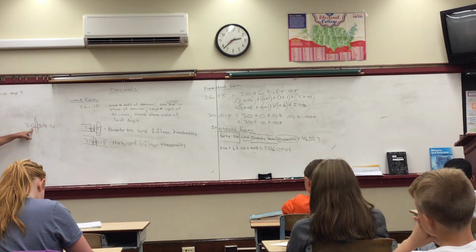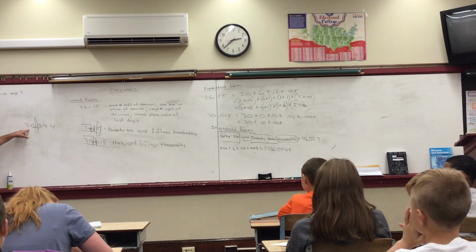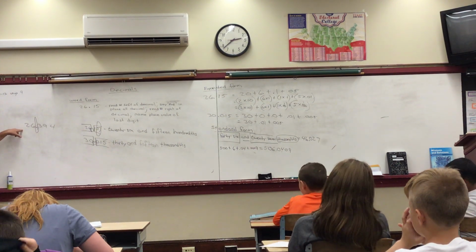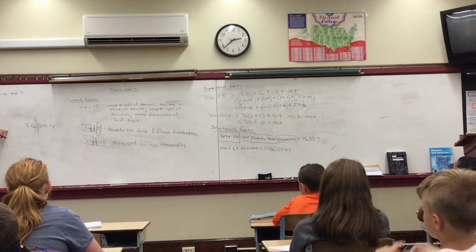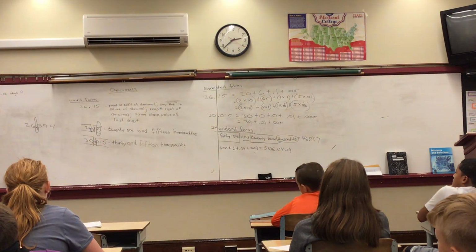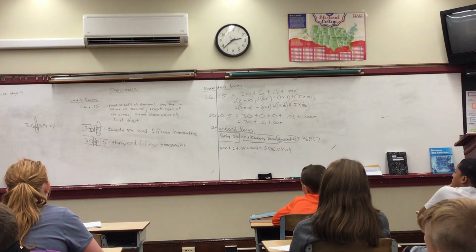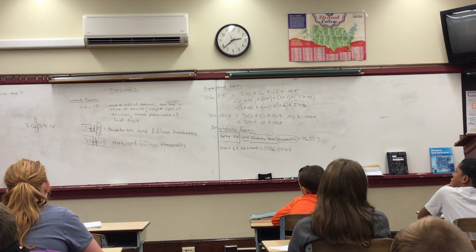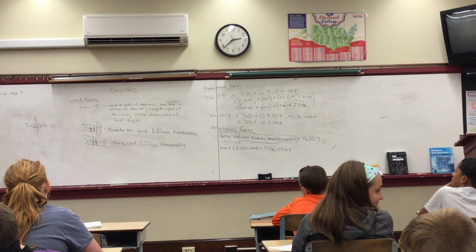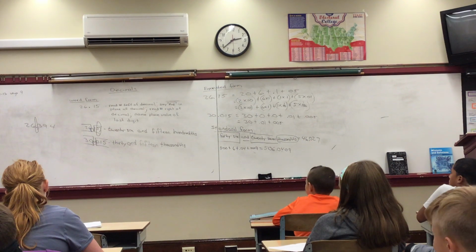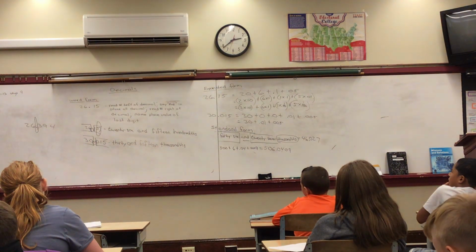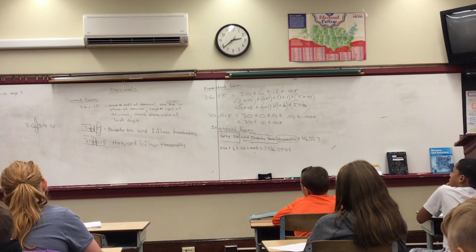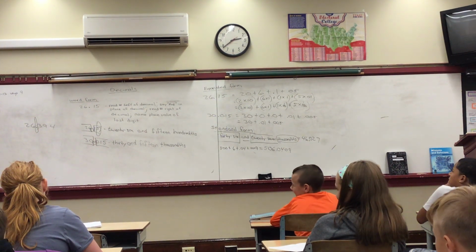1s, 10s, 100s, 1,000s, 10,000s, 100,000s, millions, 10 million, 100 million, billions, 10 billion, 100 billion, trillions, 10 trillion, 100 trillion, quadrillions, 10 quadrillions, 100 quadrillions, quintillions, 10 quintillions, 100 quintillions, centillions, 10 centillions, 100 centillions. Keeps on going.